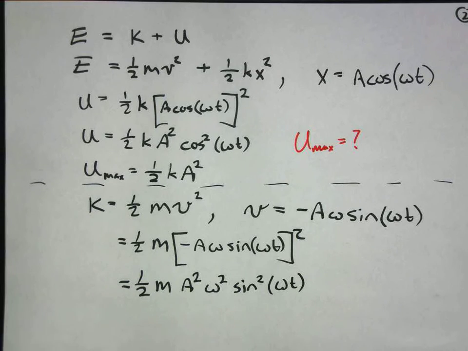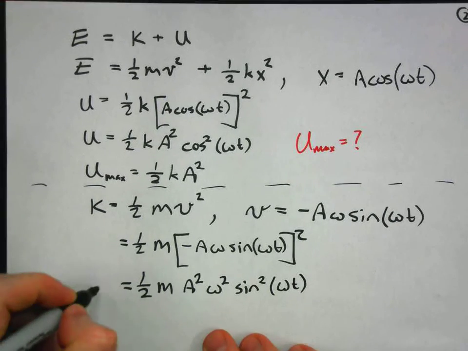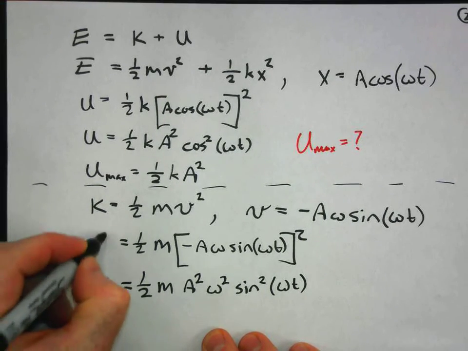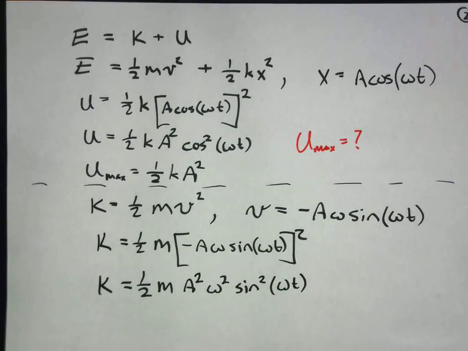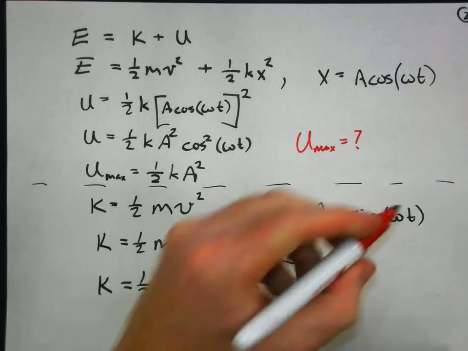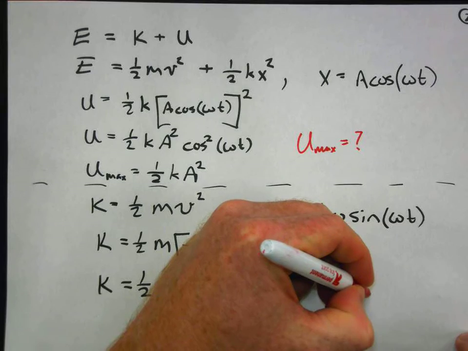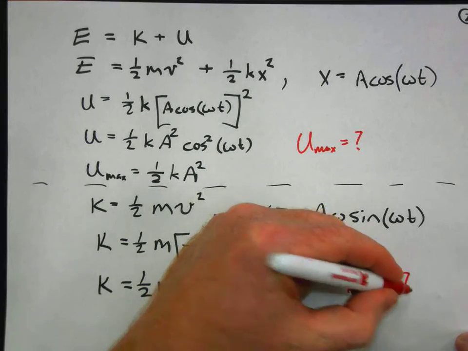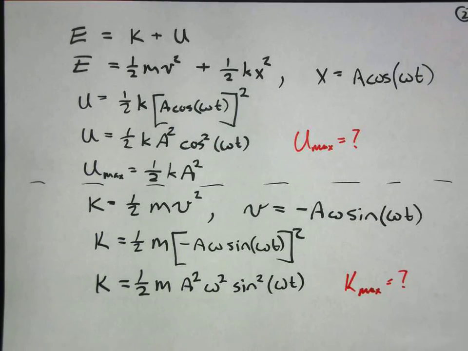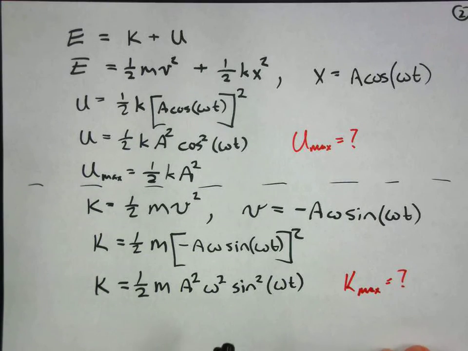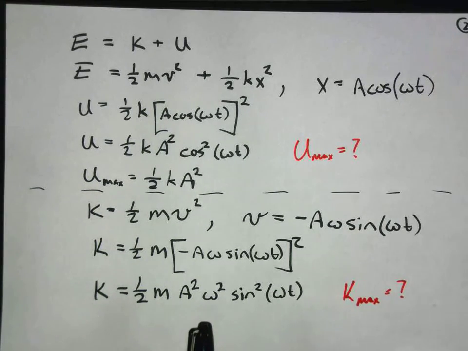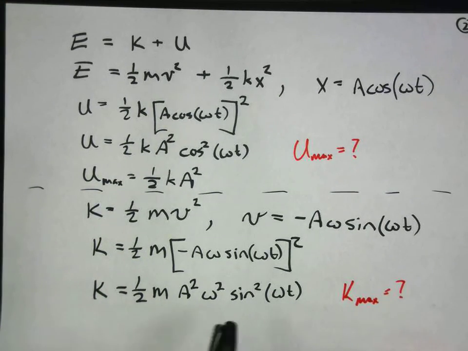Okay, and where will this kinetic energy be maximized? To ask ourselves that, where will that occur? Well, that's going to occur where you see this business equal to 1.